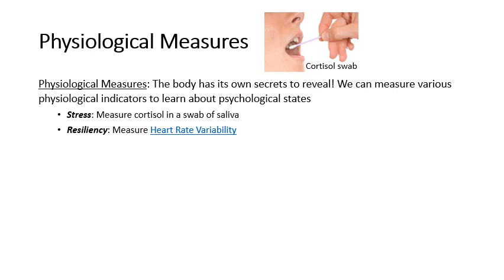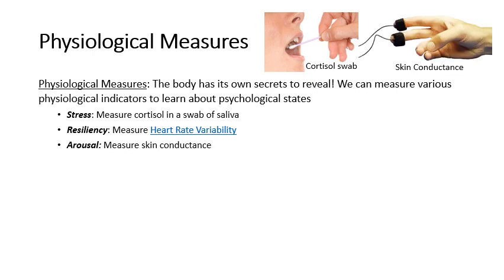We can measure resiliency by, I don't have an image here, something called heart rate variability, the extent to which your heart rate rises and falls in response to stimuli. We can measure general emotional arousal through skin conductance, which just measures how much energy is being transmitted through your body, especially at the farthest extremities here.